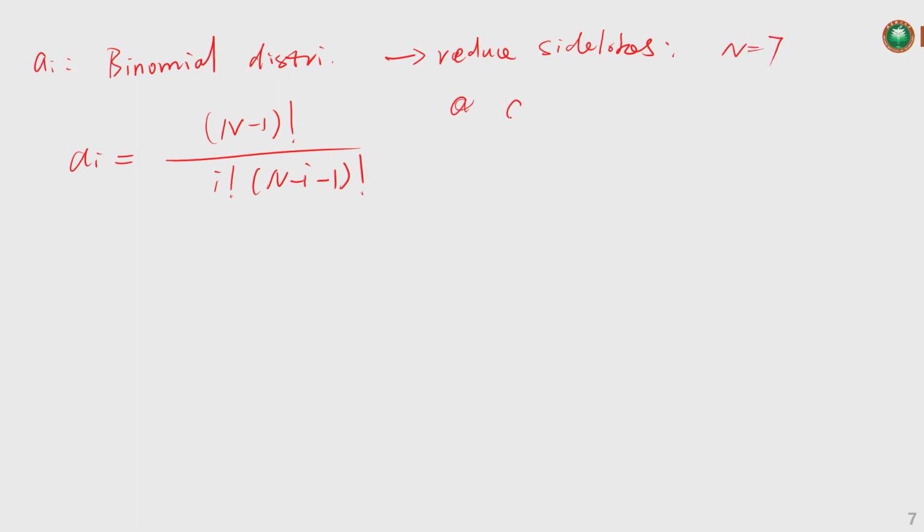So A0 equals A6 equals 1, A1 equals A5 equals 6, A2 equals A4 equals 15, and A3 equals 20.